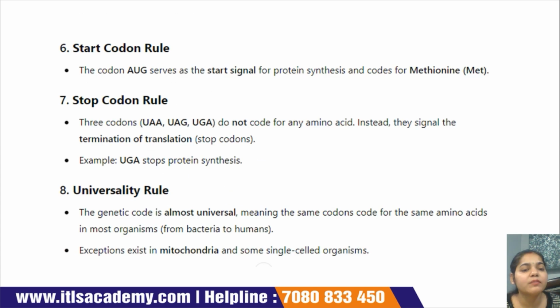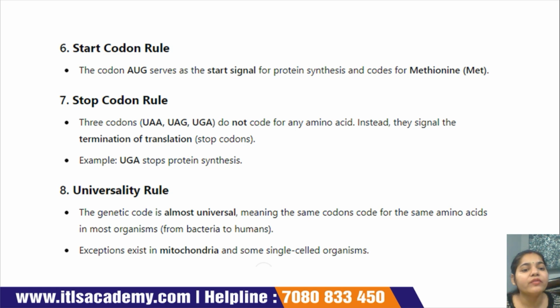AUG always gives the start signal. AUG serves as the start codon, and it codes methionine. Next is the stop codon rule. There are 3 stop codons: UAA, UAG, UGA. These codons do not code any amino acid. They help to terminate the process of translation.